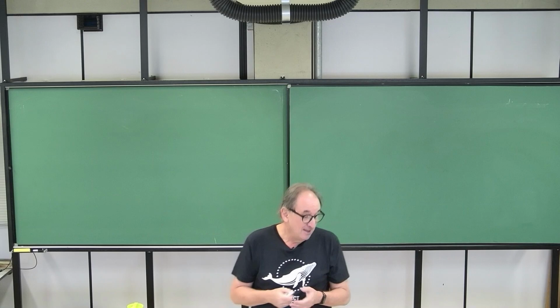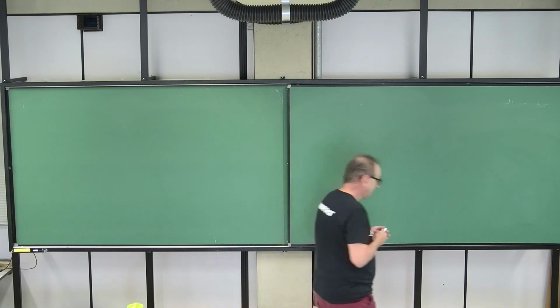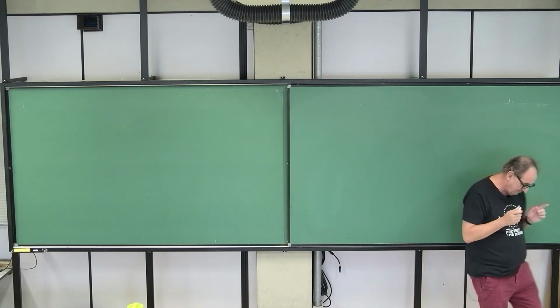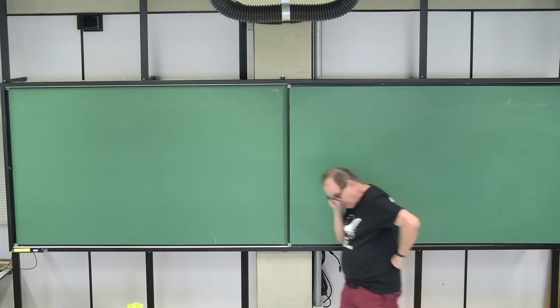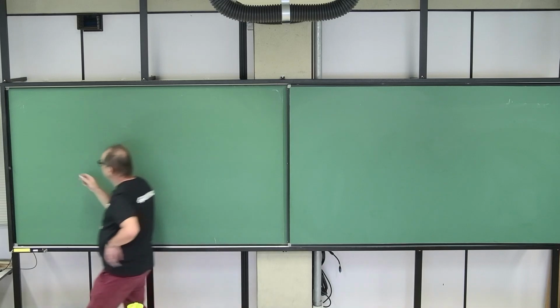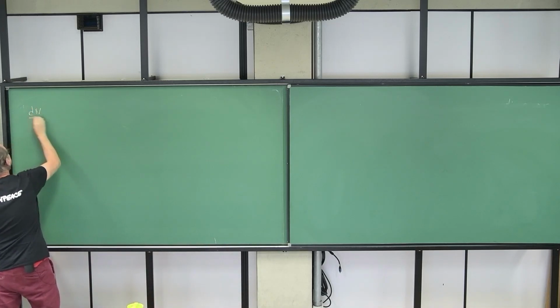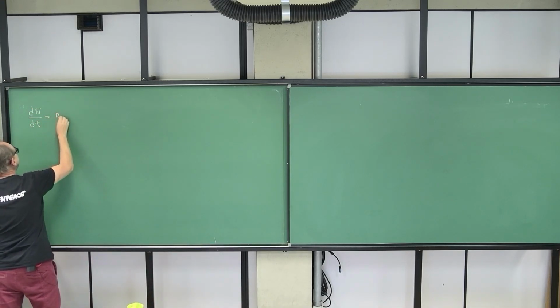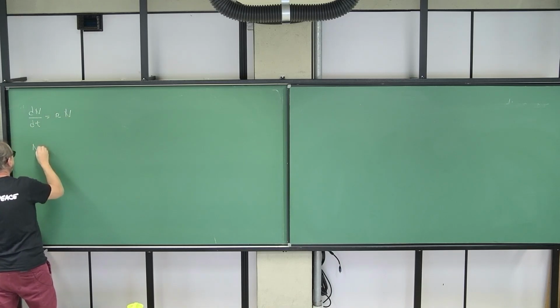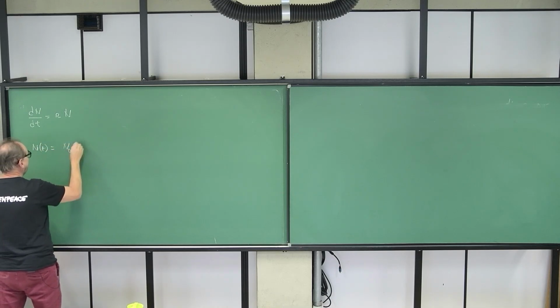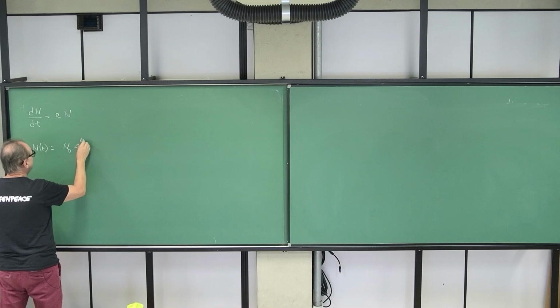What I still want to discuss today is, first of all, this equation. The solution was the function n of t, which is the initial population times exponential of r times t.